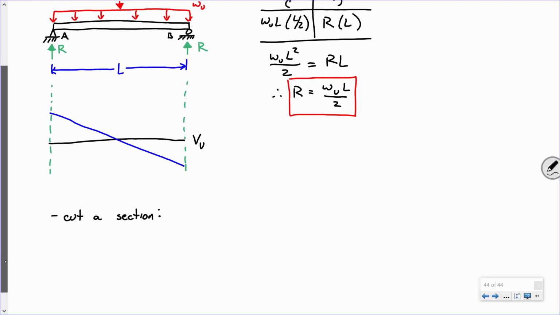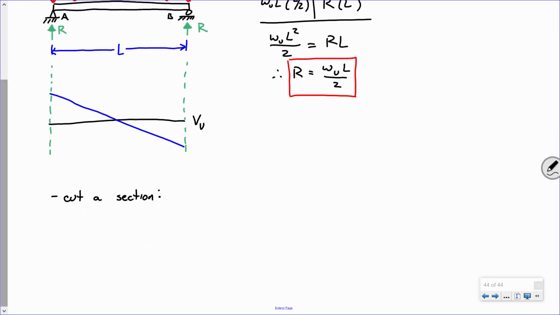Okay. So now I'm going to cut a section. I'm going to use my secret weapon of structural engineering.